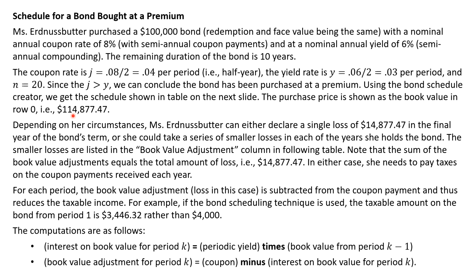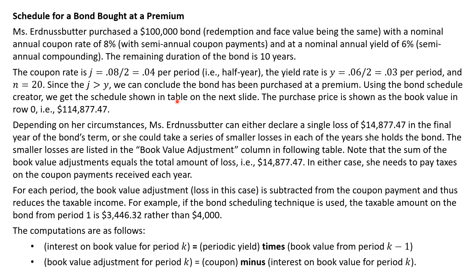She's going to make $4,000 a month. The coupon remains the same. It's still based on the 0.04 per period. However, when she redeems the bond, she's only going to get $100,000 back, so she's losing almost $15,000. And that's why the yield is effectively 0.03 because of that loss.